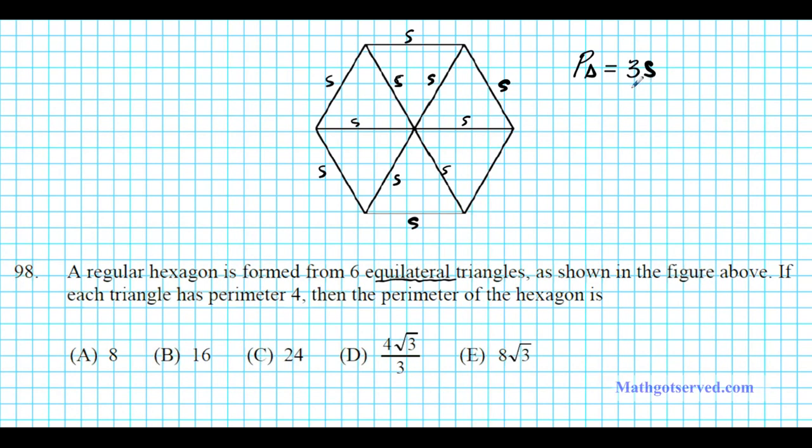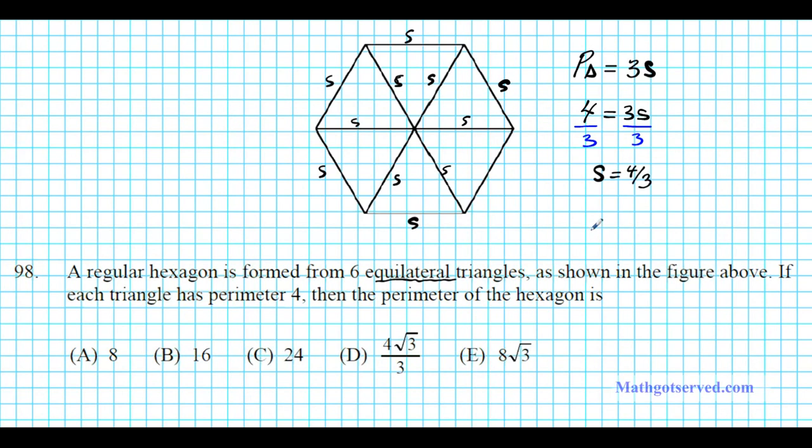Now let's see if we can use this equation to find the value of S. What information do we have in this problem? We're told that the perimeter is 4. So 4 is equal to 3S. If 4 is equal to 3S, that follows that S is what you get when you divide both sides by 3. Your answer S is going to be 4/3.